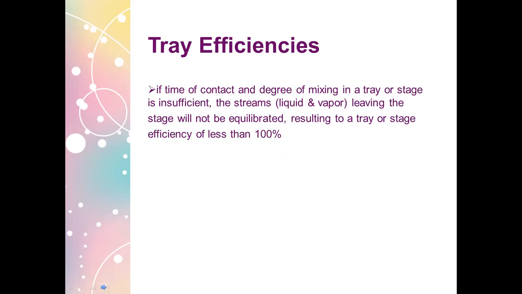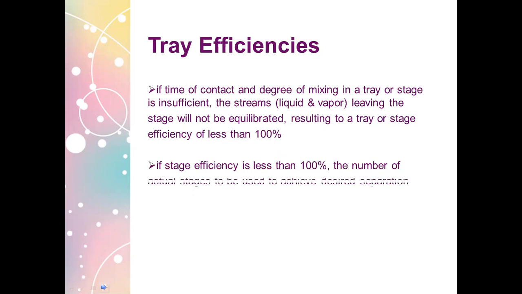So then the said tray or stage is not working 100% efficiently. If it's not working 100% efficiently, it follows that your entire still or equipment is also not working 100% efficiently. If so, the calculated number of theoretical stages will be lesser.